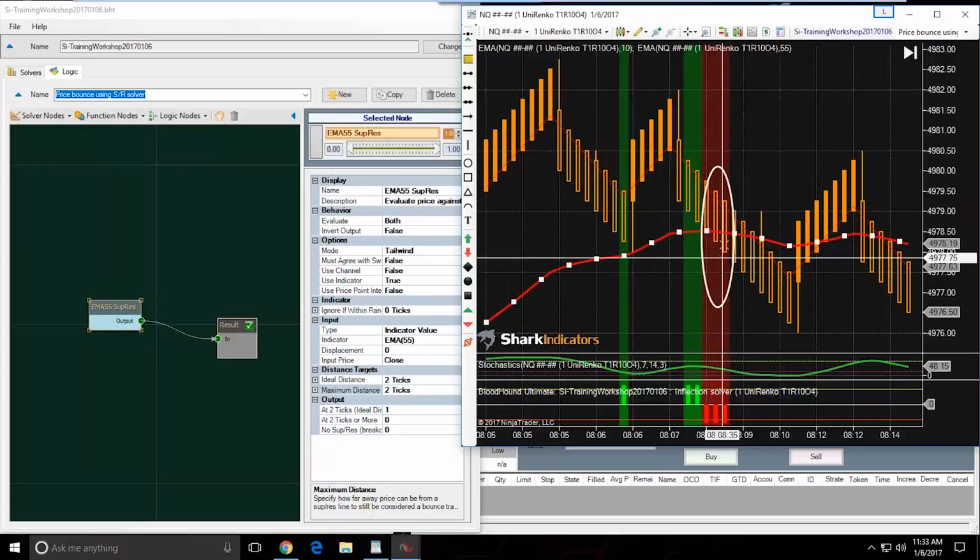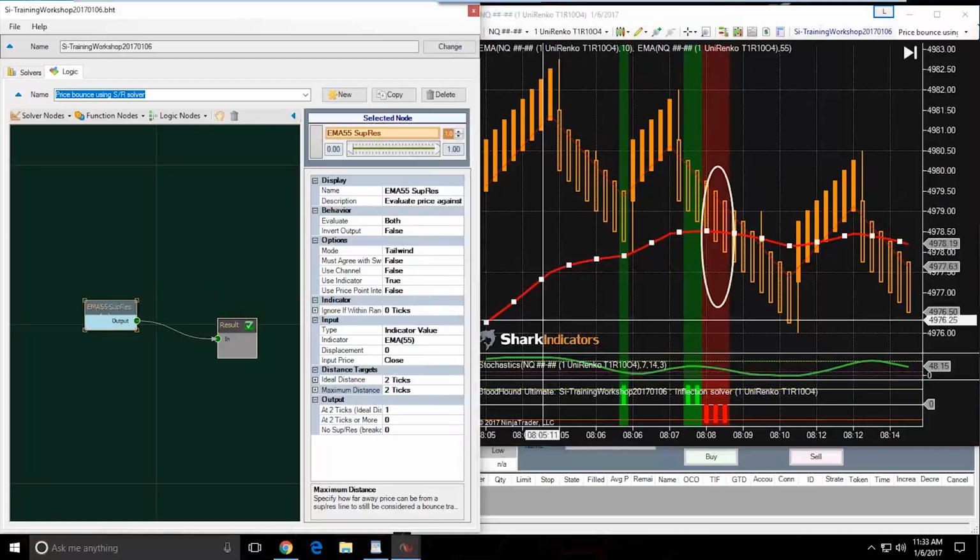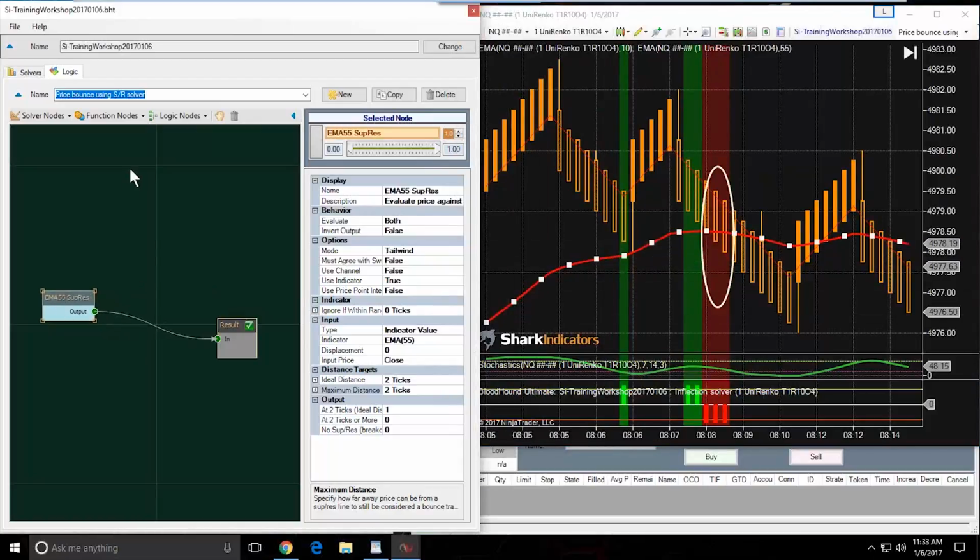But we're getting a short output, so that's kind of where the problem lies.